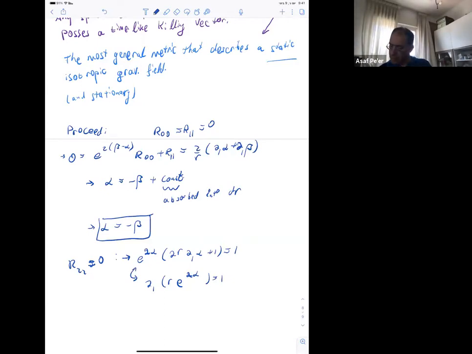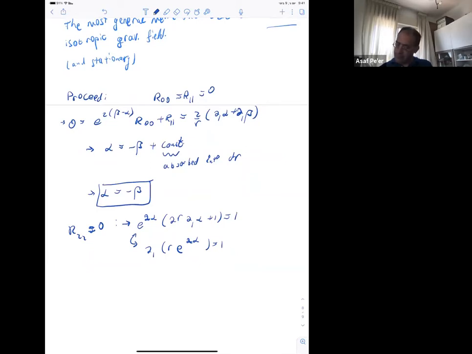Which is something we can solve and write down: e to the power 2 alpha is equal to 1 plus mu over r, where mu is some constant.